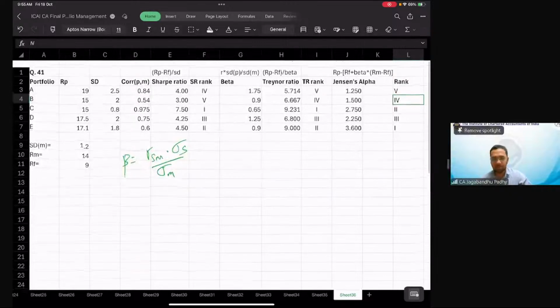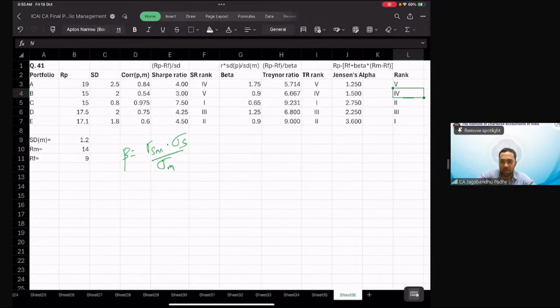Okay, so that's how we calculate the Sharpe, Treynor, and Jensen's alpha, and then we judge which of the portfolios have performed better. Now, out of these 3 ratios, you can use all the 3 ratios in combination. You can take the total of ranks and then take a decision which of them are really performing.